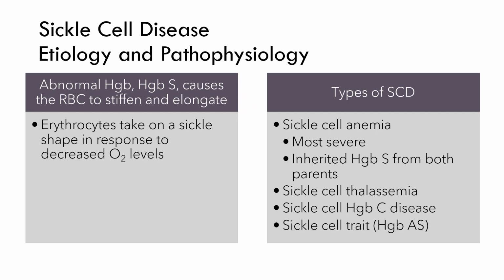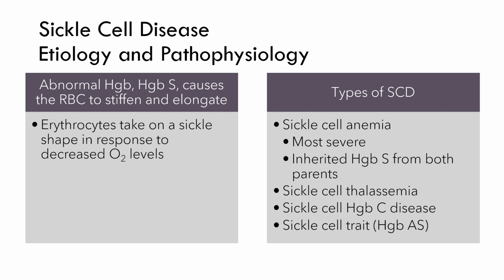The sickled RBCs can become stuck in the capillaries and occlude the blood flow because they're not round and not able to go through the blood vessels very well. They end up getting lodged in there, which occludes it, and that area is not getting the oxygen-rich blood it needs.